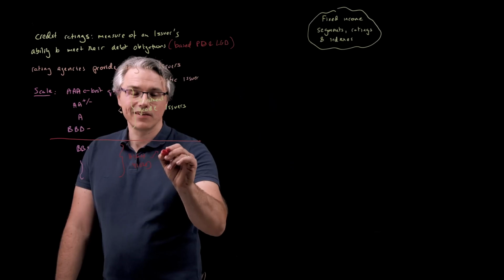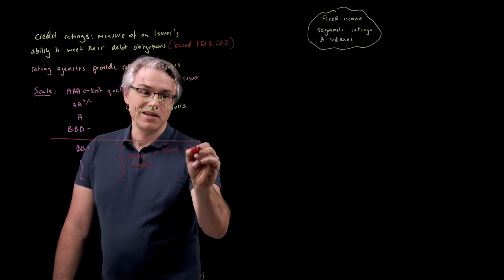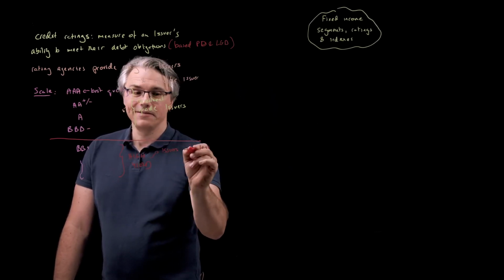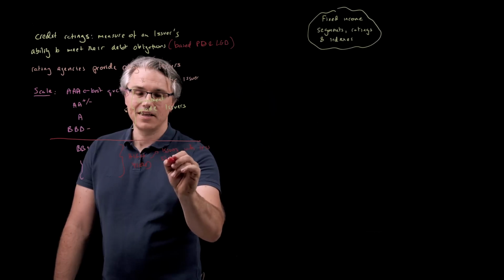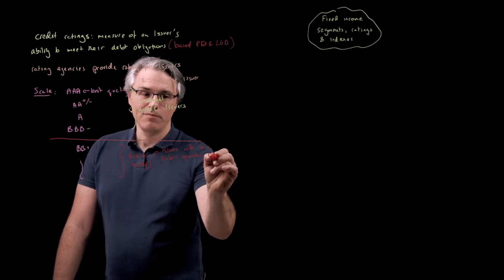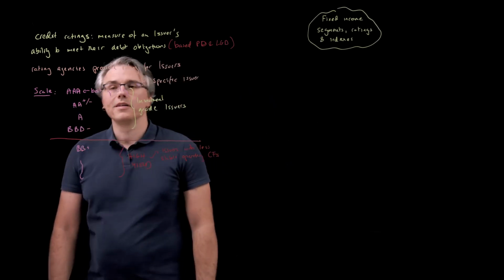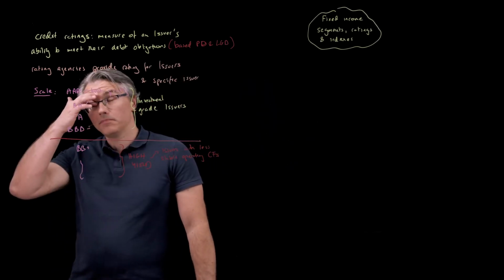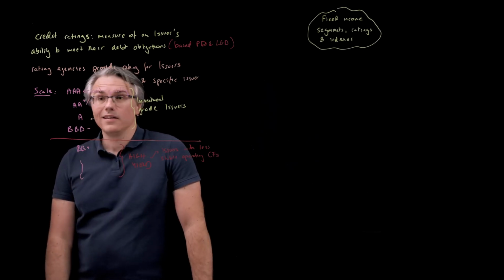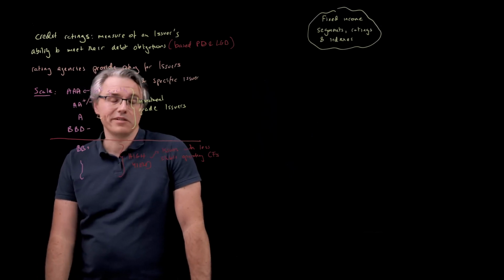Well, they will be given or granted to issuers with less definitely stable operating cash flows. Operating cash flows are the cash flows used by a company, by an issuer, to service their debt, coupon payments on bonds, for example.